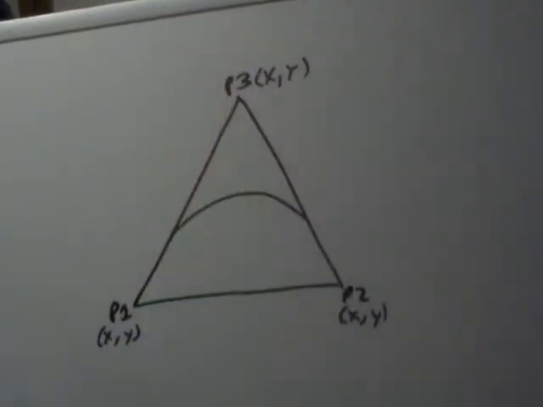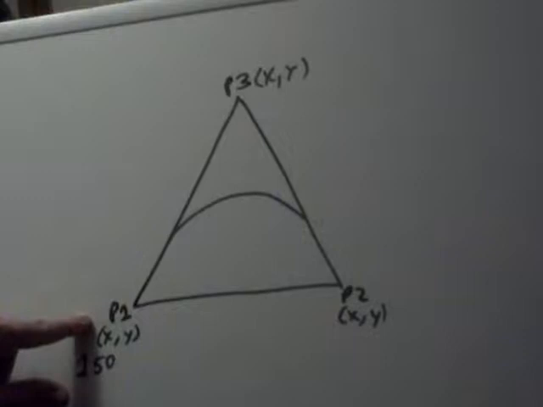I've already discussed this in previous videos. Now, let's say that the X coordinate of P1 is 150. So, what we did was we drew this picture out on some graph paper, and we said that at pixel 150 we're going to draw the P1 coordinate.